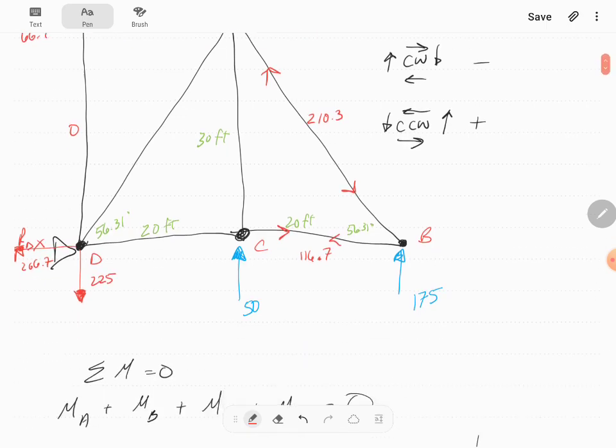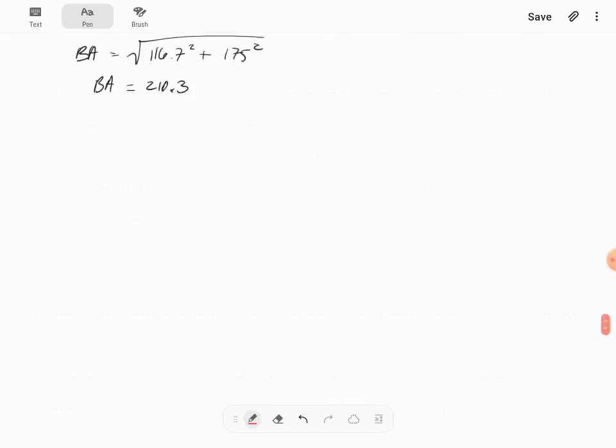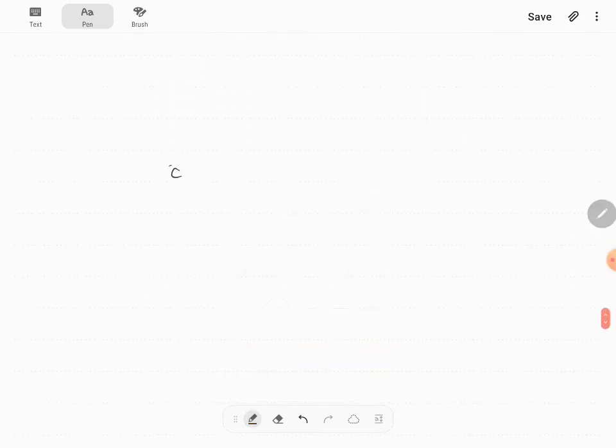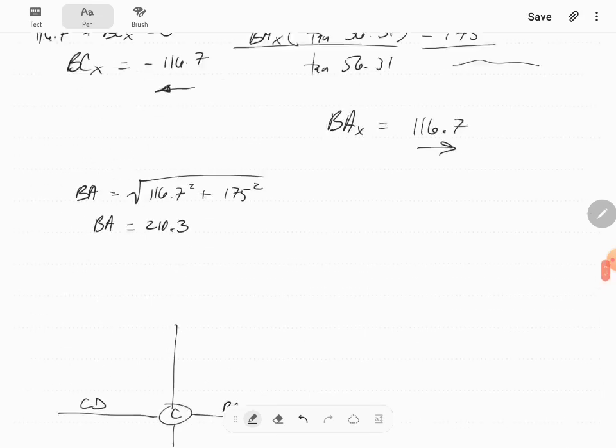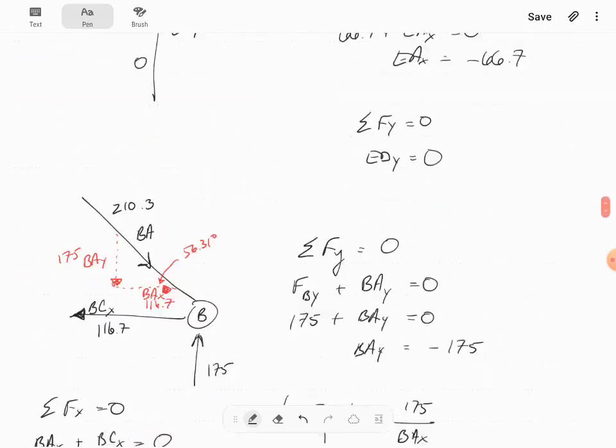complete C. So let's take a look at C's free body diagram. C is extremely simple. There's a force applied, there's a member going up, a member going left, and a member going right. What are those members? This is BC, this is CD, and this one, I've already forgotten, is AC.